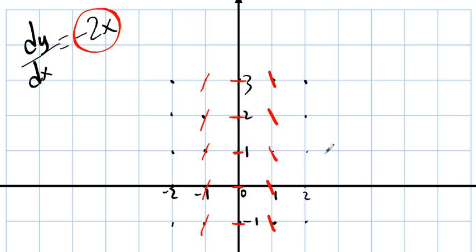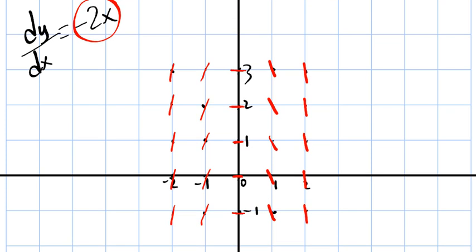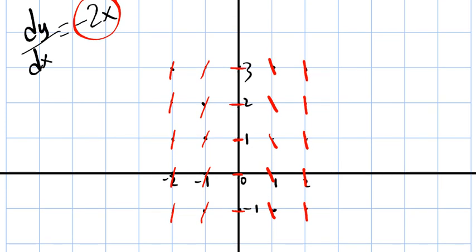Think about what the slopes are here. That's right, those slopes are negative 4, which is much more vertical than negative 2 is. And similarly, the slopes here are positive 4, going straight up like that. You can tell why it's called a slope field. It's called a slope field because it's just a giant field with a bunch of slopes in it.